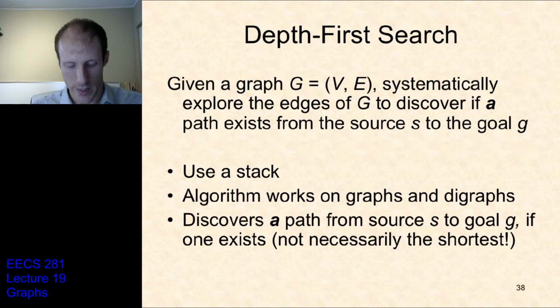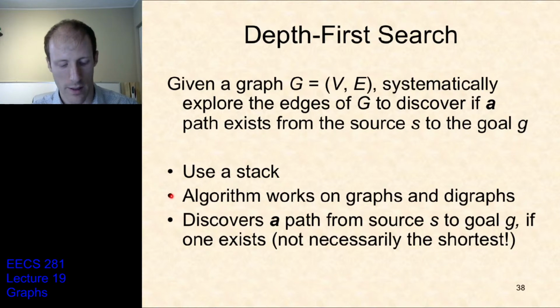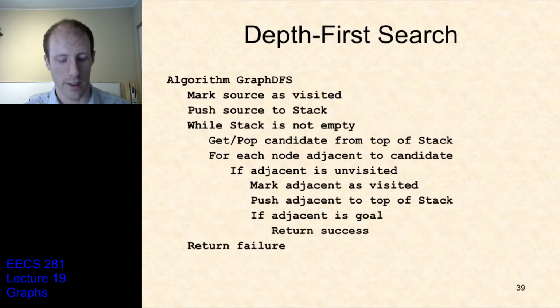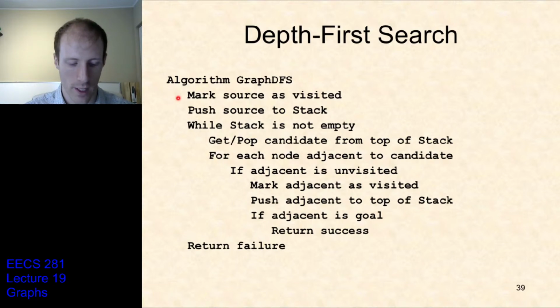So how do we do depth first search? Well, as I said before, we're going to use a stack, and we're also going to mark nodes as visited as we visit them. And in code, this is going to look like this. We're going to start at some source node. We're going to mark it as visited.